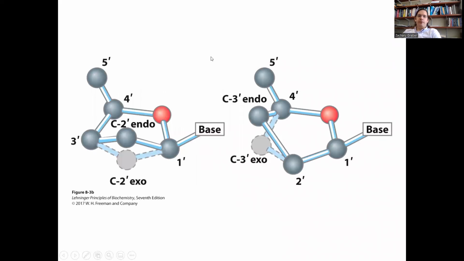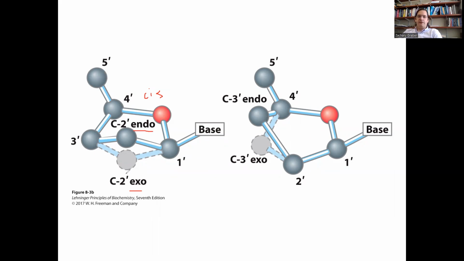For our 5-member ring structure here, we end up with this kind of puckering where we can bend up one end of our sugar at a time. So we refer to these as either endo or exo. So you might remember that endo is a term used for rings when they're forming this cis conformation. So notice how my ring is bending up in the same direction as my 5th carbon and my base.